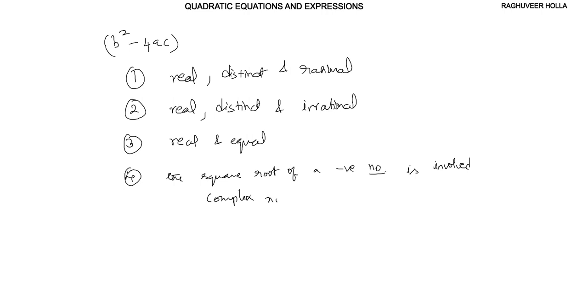We call these complex numbers. So you might have seen that the roots are now in terms of the square root of minus 1, which is i, in the form x plus iy.